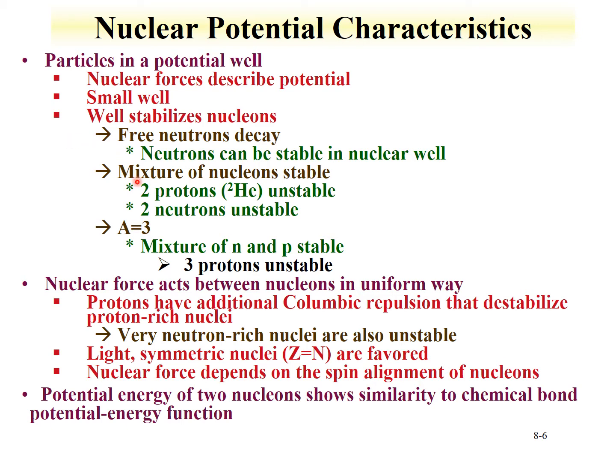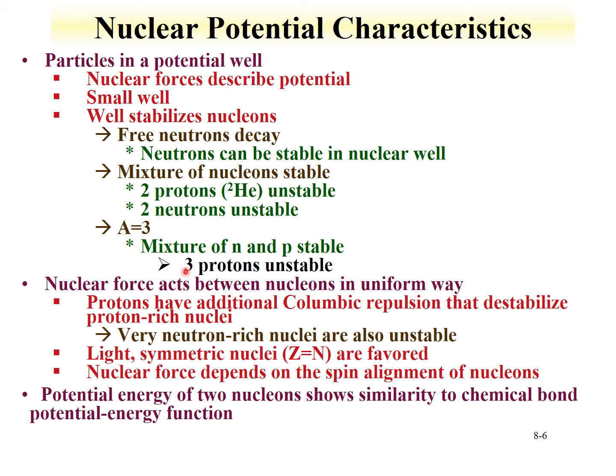Also, the way I mix nucleons can be stable. For instance, if I have 2 protons, that's helium-2, that's an unstable nucleus. 2 neutrons is unstable. But if I have a proton and a neutron together, that's deuterium, that's a stable nucleus. And I can also imagine that with A of 3, I can get mixtures of protons and neutrons that are stable.